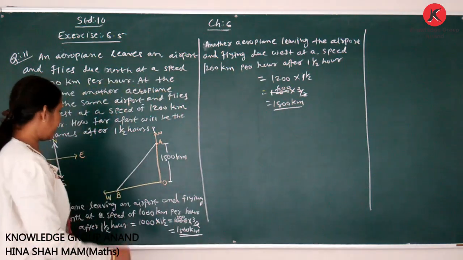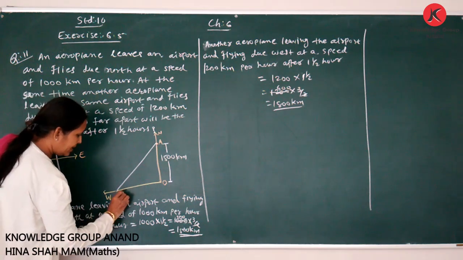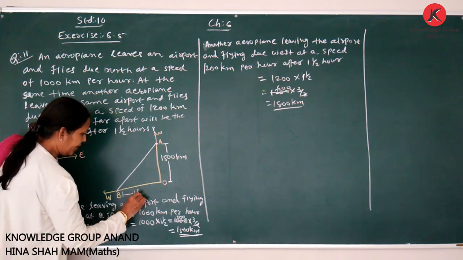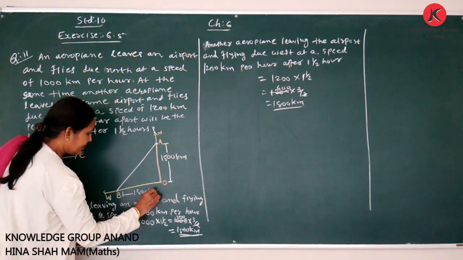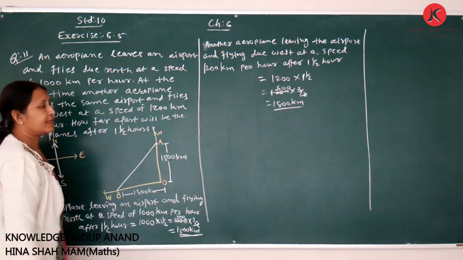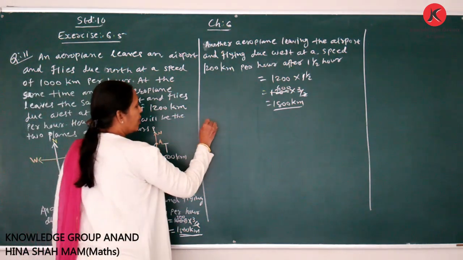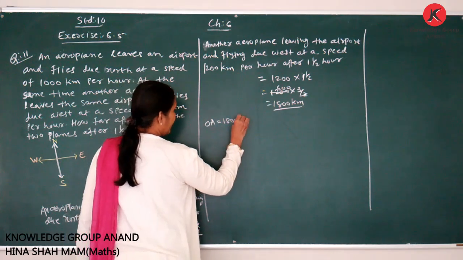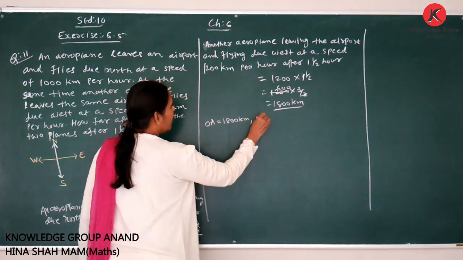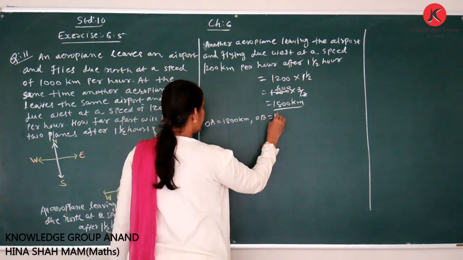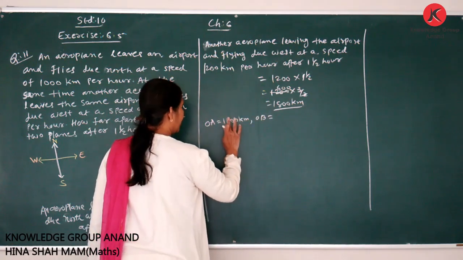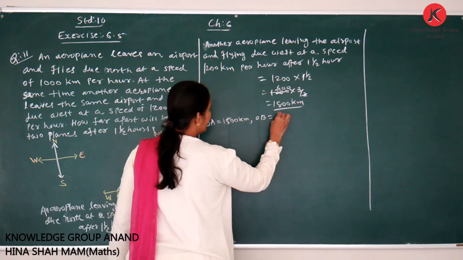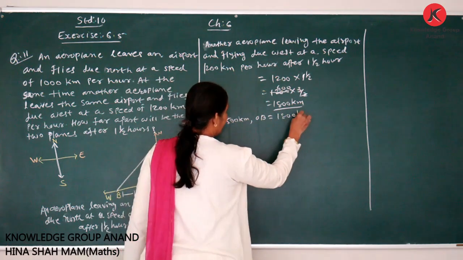Its distance, another plane, OB is equal to 1800 kilometer. Now OA is equal to 1500 kilometer and OB is equal to 1800 kilometer.